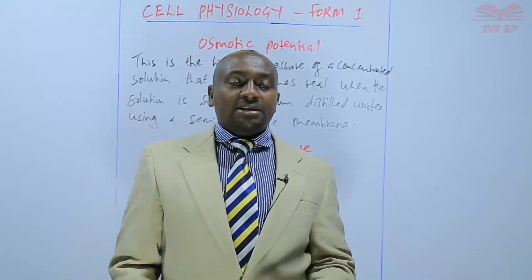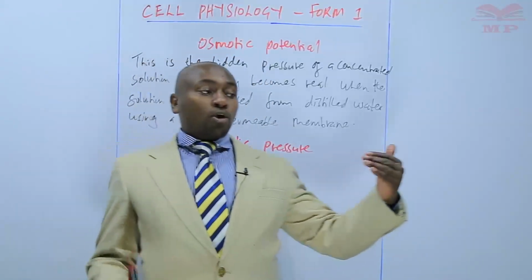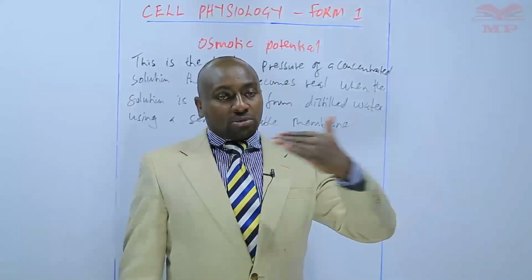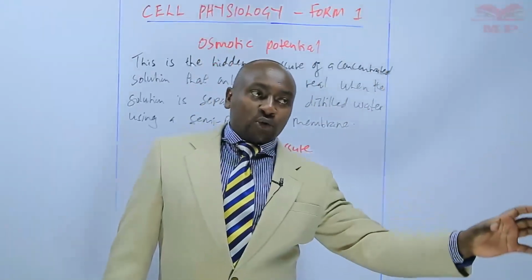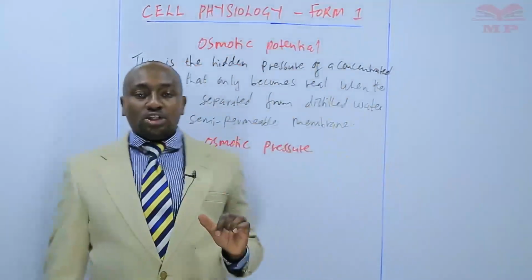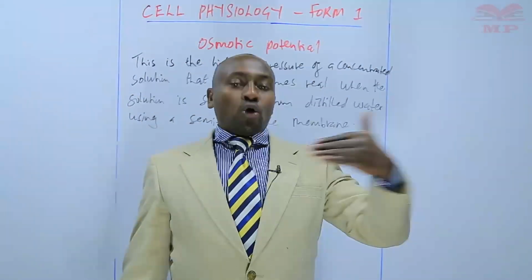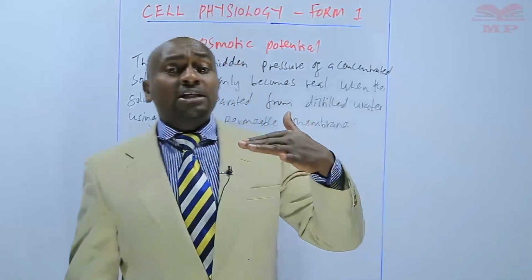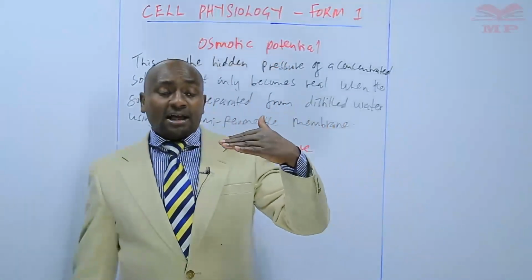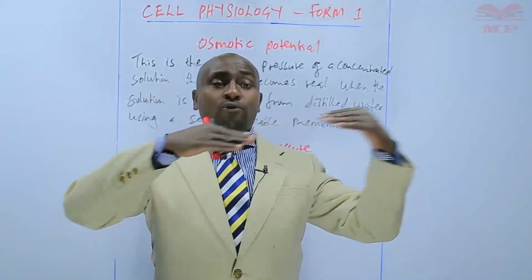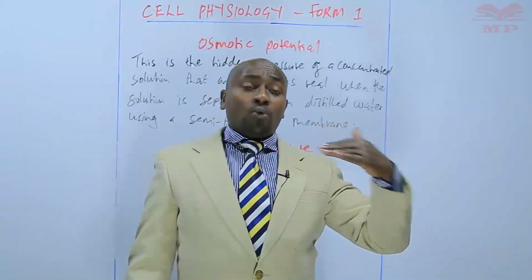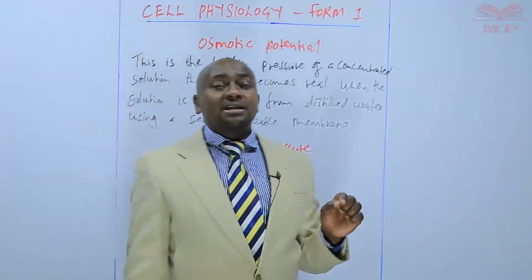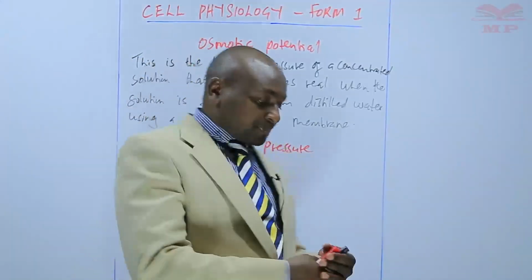So in other words, during osmosis, the water molecules move from the hypotonic solution to the hypertonic solution, from where there is high concentration of water to where there is low concentration of water. But if we want to stop that osmosis from taking place, then we need to apply a force that is equal to the force that is drawing the water molecules from the hypotonic solution. So that pressure is known as osmotic pressure.